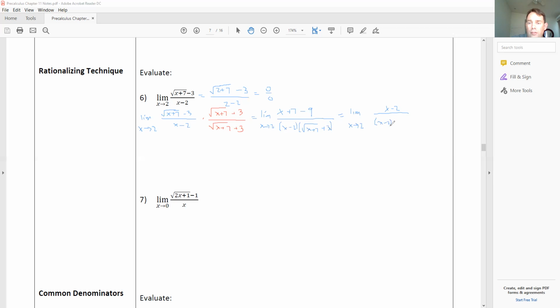So now I'm going to be able to cancel out that factor. So that leaves me with a 1 right there. And then x plus 7 plus 3.